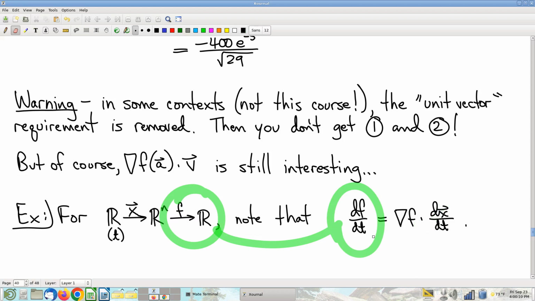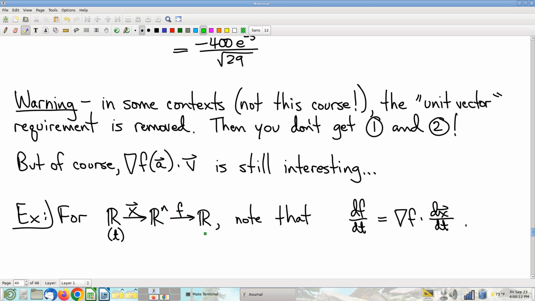Now again, I've got to emphasize, in this course, we require unit vector. Outside of this course, clarify with whoever you're talking to. Some people use the word directional derivative more generally, and that's fine. They will not announce themselves as such when you're talking to them.